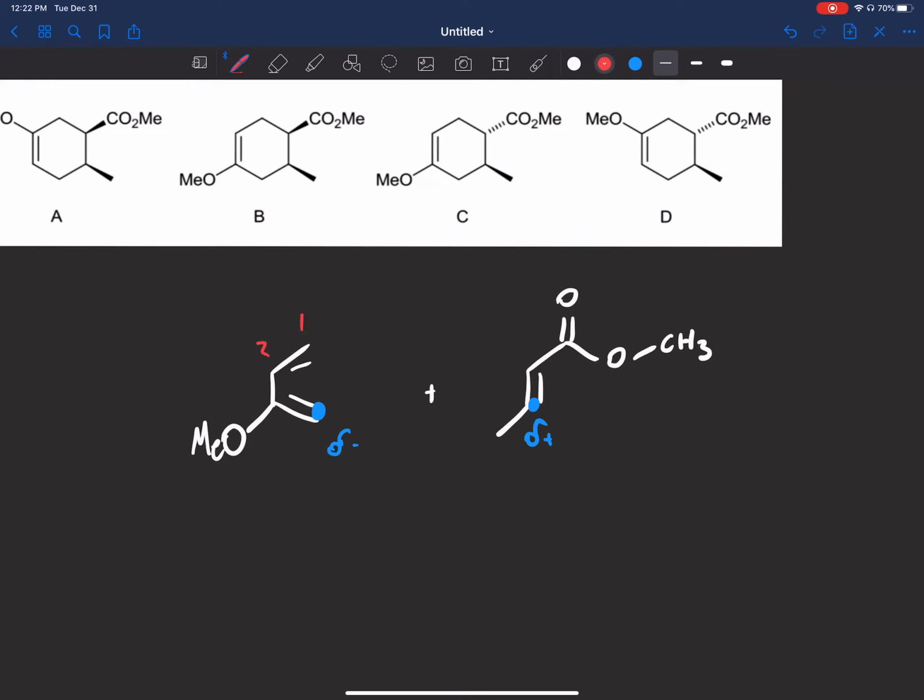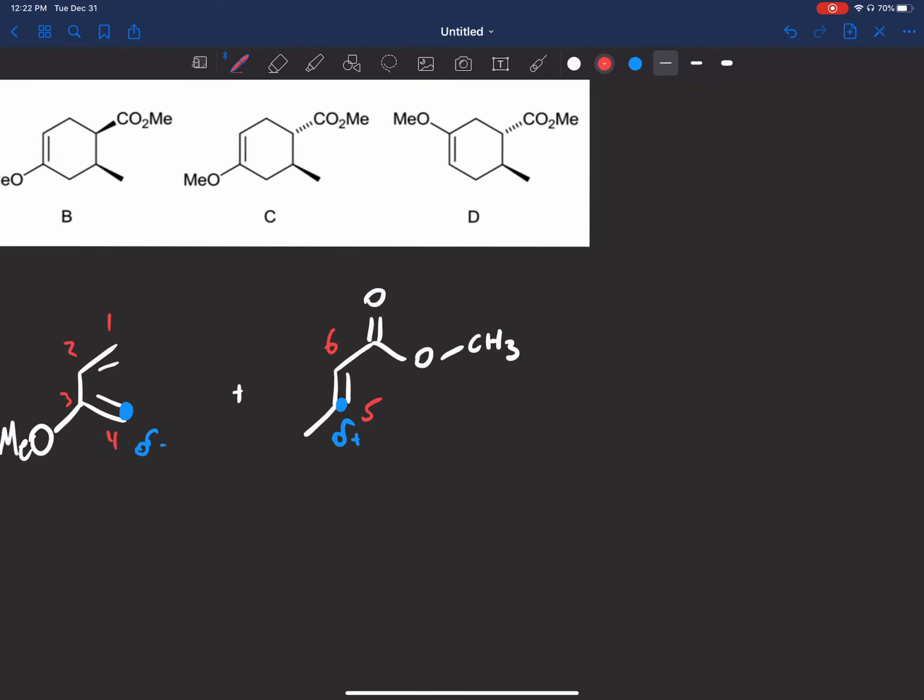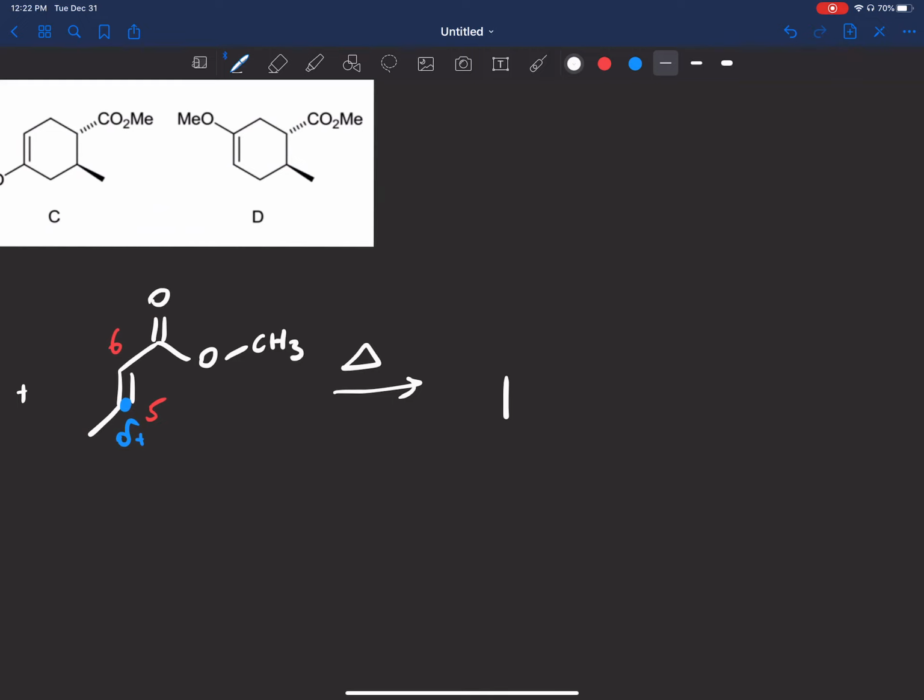1, 2, 3, 4, 5, 6. Draw our 6-membered ring. 1, 2, 3, 4, 5, 6.